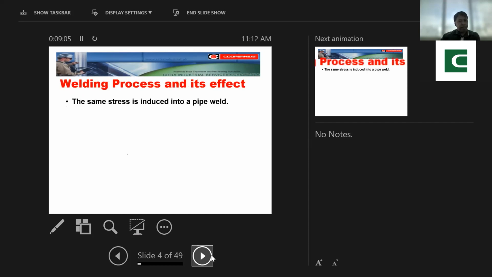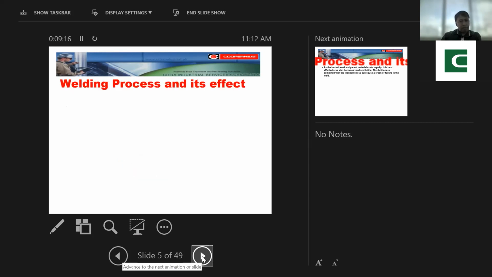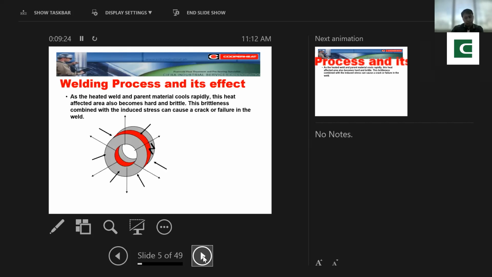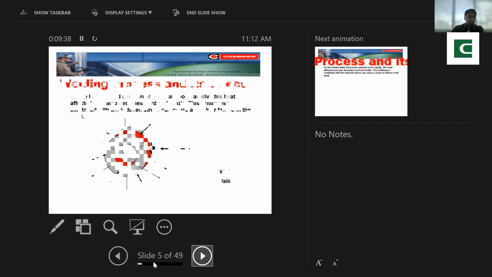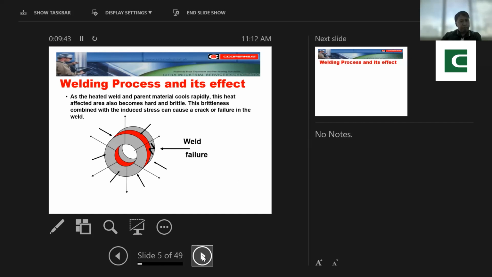And same with pipes or other shapes of material. On the weld center line, you have the highest temperature, and two opposite forces will create residual stress that will create hard brittleness or residual stress that will create cracks on your material, and weld failure can occur if we have residual stress on our material.